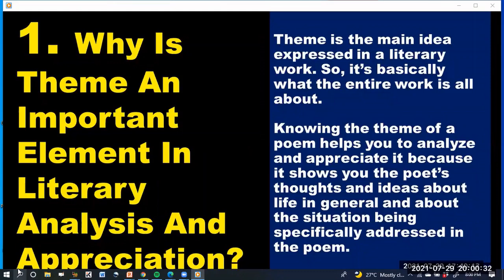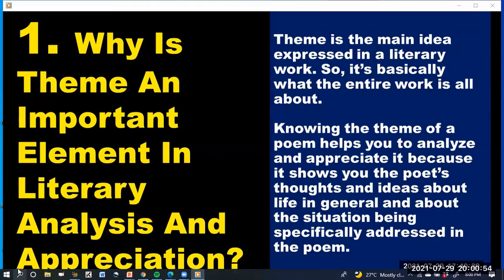You need to understand that theme is the main idea expressed in a work of art. If you have read a poem or a novel and someone asks you what the book is about, you are likely to discuss the themes with them.